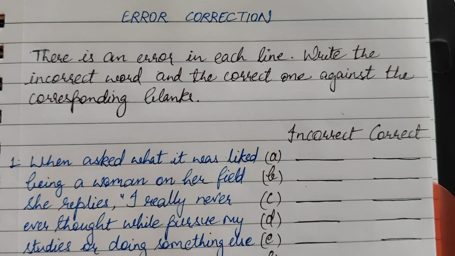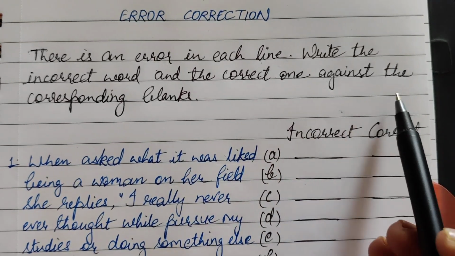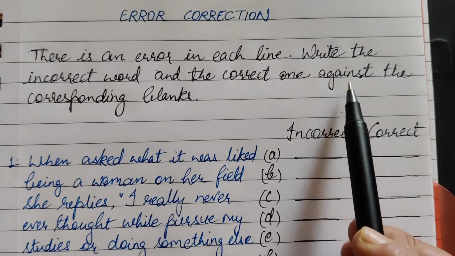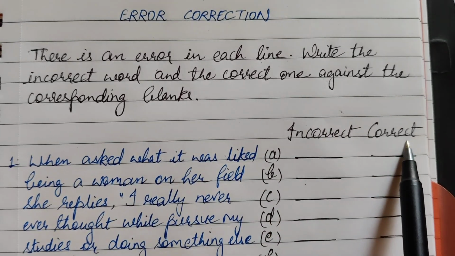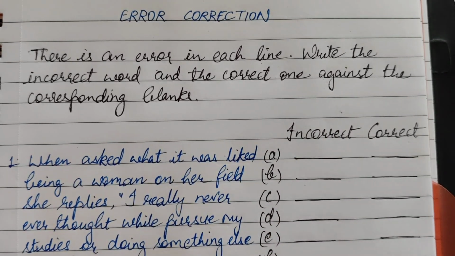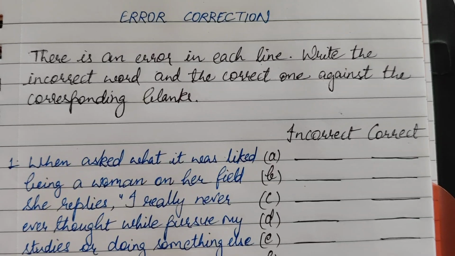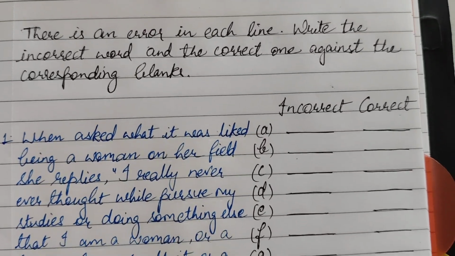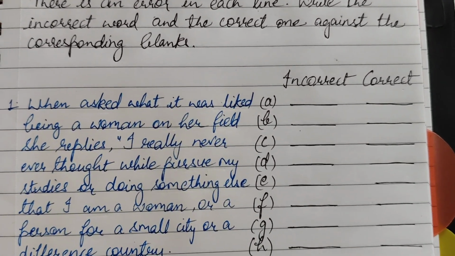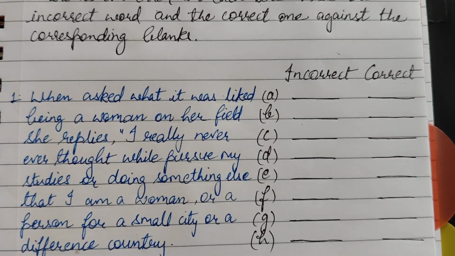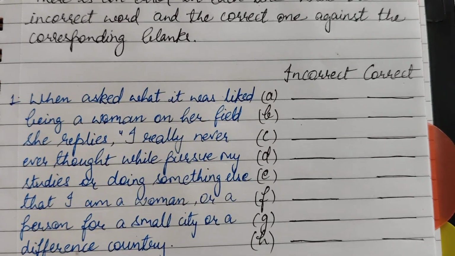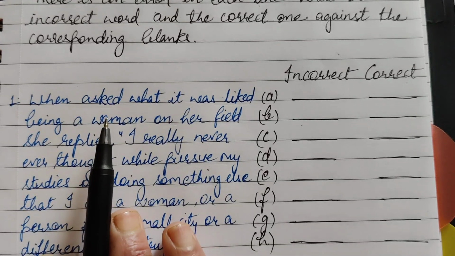As I have read in the instruction, there will be two blanks, one for incorrect, second for correct. So you have to find out the incorrect word, and then replace it with the correct one. One more trick: as soon as you see a question of editing, read the paragraph quickly.